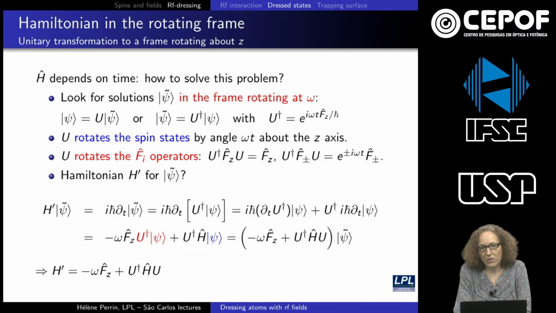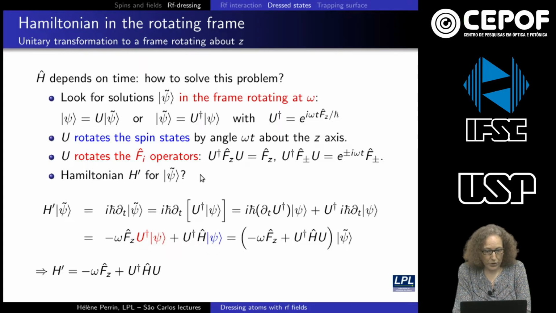So now the question we have is, for our new state psi tilde that we have introduced, what is the Hamiltonian that it obeys? If we have a Hamiltonian H prime for psi tilde, it must obey that H prime psi tilde is equal to i h bar times the time derivative of psi tilde.